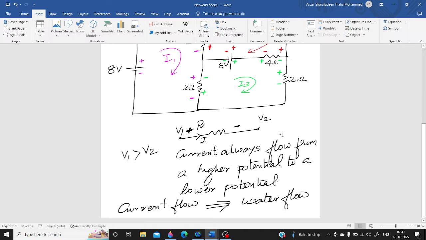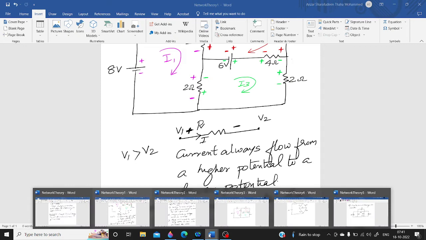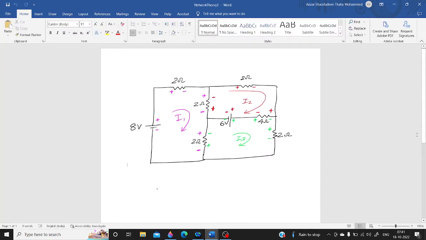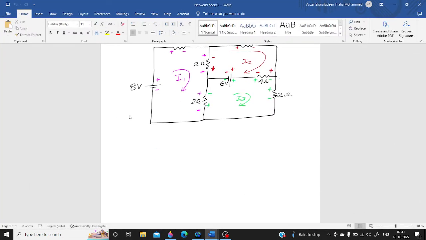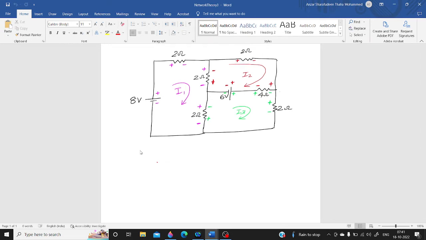Okay, so when you apply Kirchhoff's voltage law in the first mesh, what will be the equation? Let us consider the first mesh. Here there is an increase in potential.